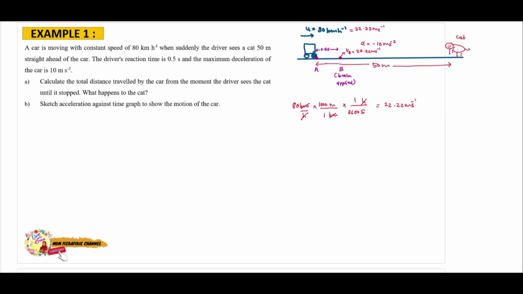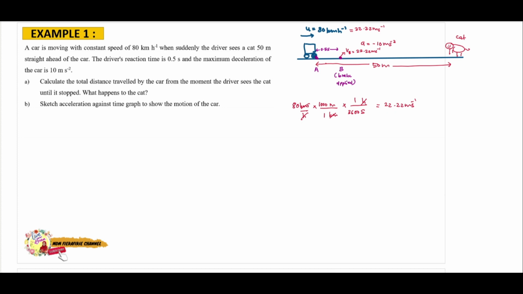Okay, so now for question A, calculate the total distance traveled by the car from the moment the driver sees the cat until it stops. So we want to calculate the total distance, means that from A to B and then to certain position.